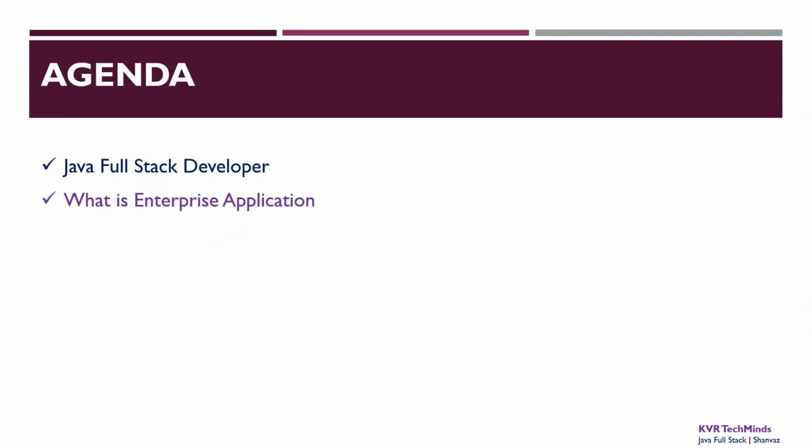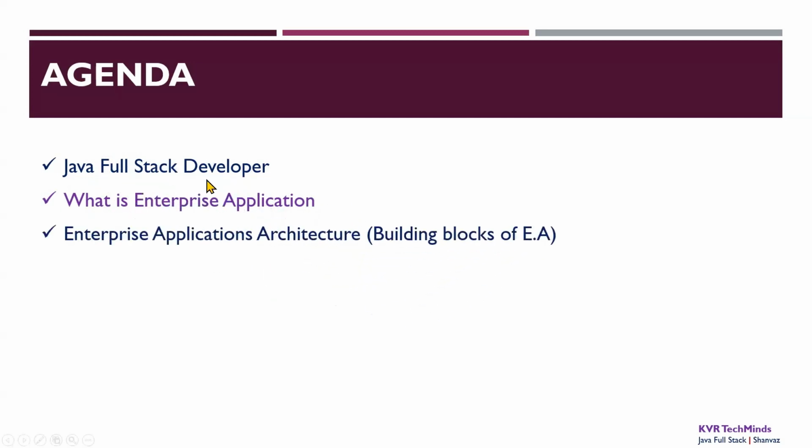I am also going to give you some details about what an enterprise application is. Why am I explaining what an enterprise application and its architecture are? If you understand these two points, you will come to know the different frameworks we have in Java and where exactly you are going to use them in real-time projects.